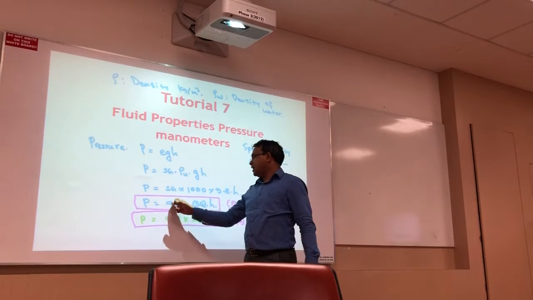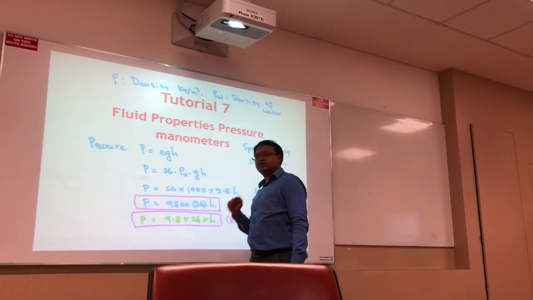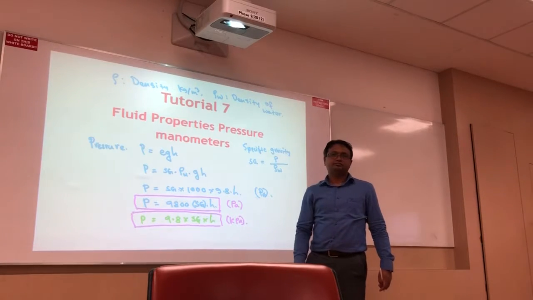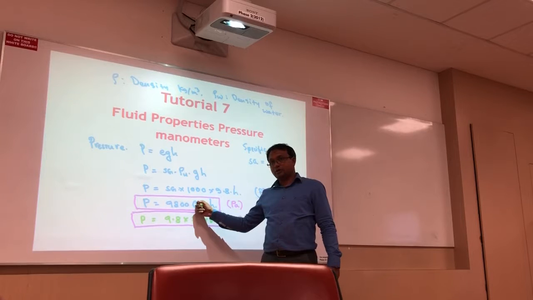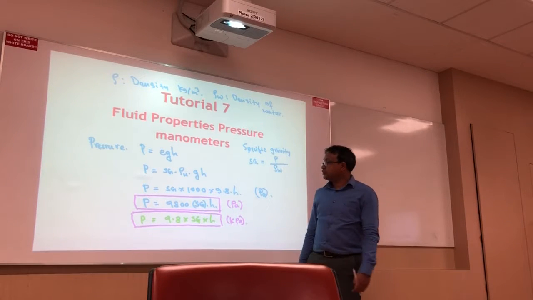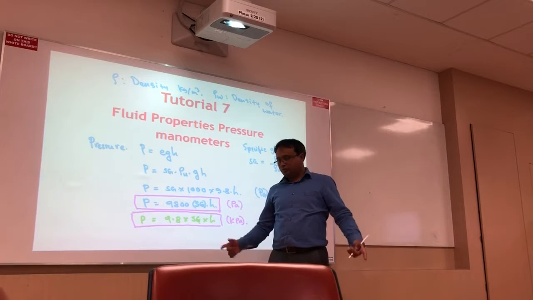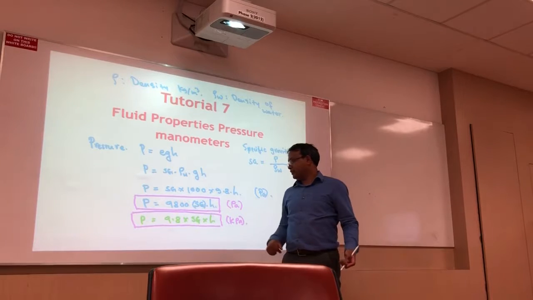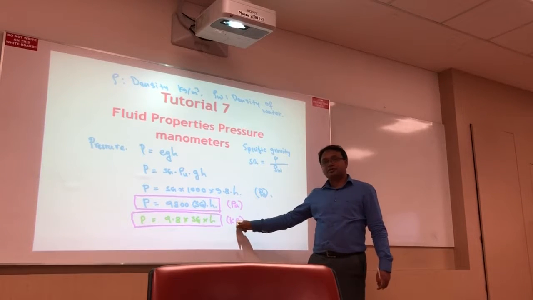Pressure becomes 9800 times specific gravity times h. So specific gravity of water is 1. Specific gravity of mercury is 13.6, and oil maybe 0.8, 0.7, 0.9, whatever. So if I use 9.8, unit is kilopascal.